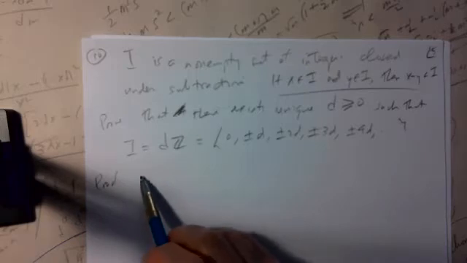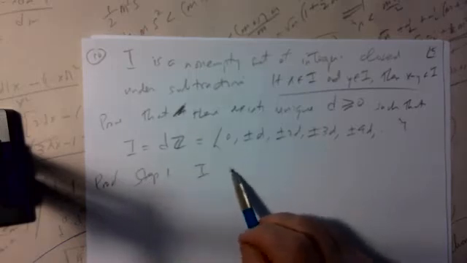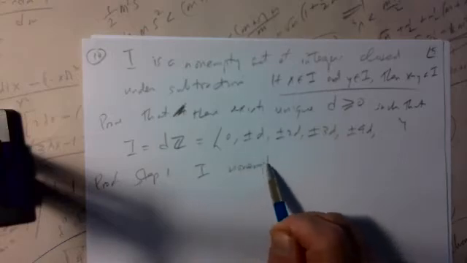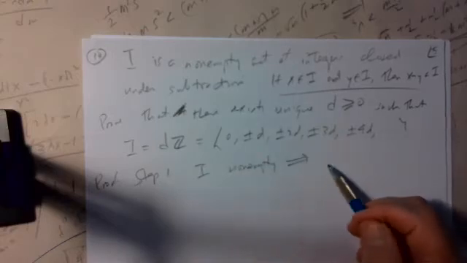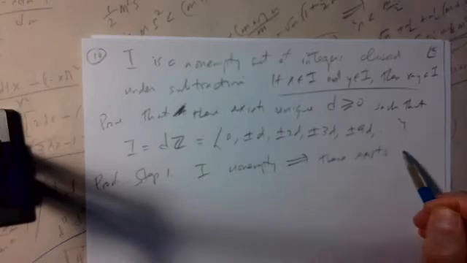So how does the proof go? Well, first step, I non-empty means there exists an integer a in I. I contains some integer.